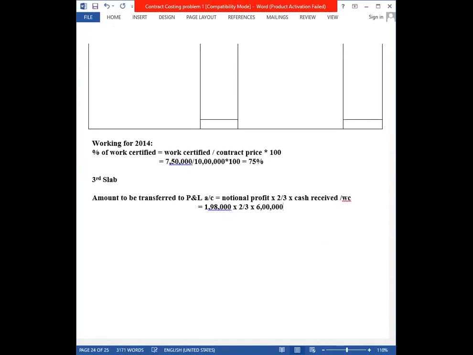So 6 lakhs divided by work certified 7,50,000. So how much is it coming? It is coming 1,05,600. Can you check? Is it correct? 1,05,600. So this is the amount to be transferred to P&L account.